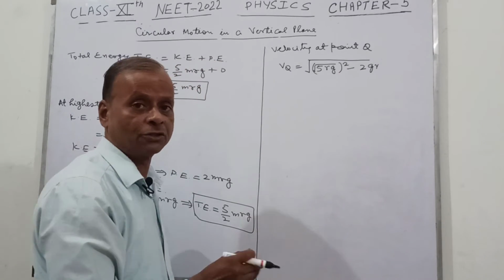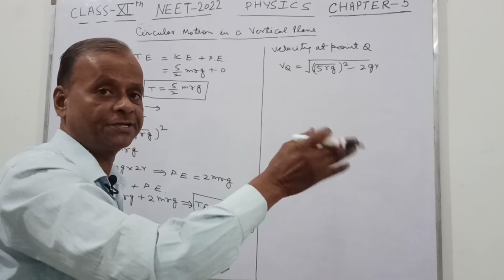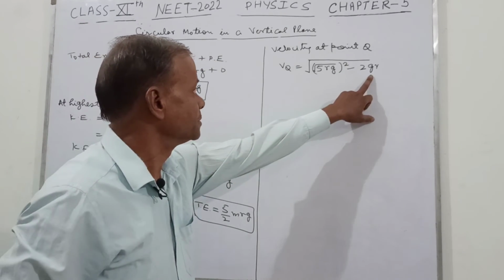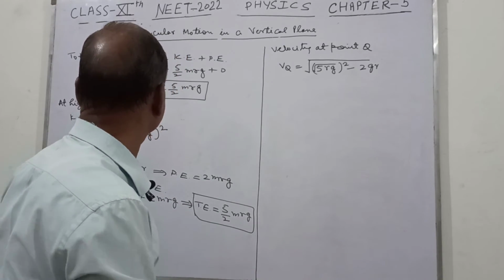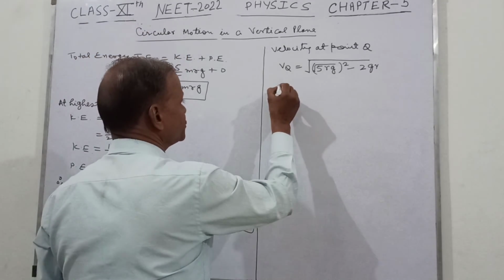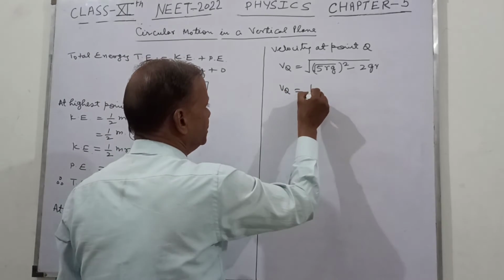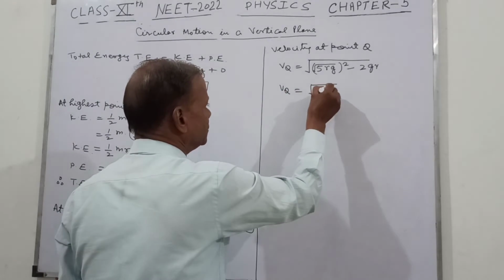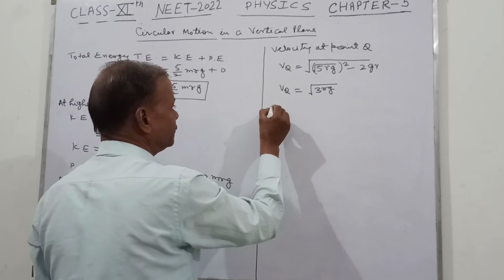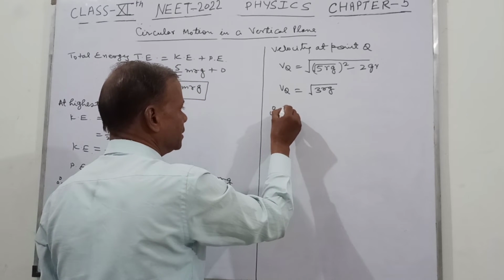Minus 2gR, because the particle is going up, so this is against the value of g. So this v_Q will come out to be square root of 3Rg.